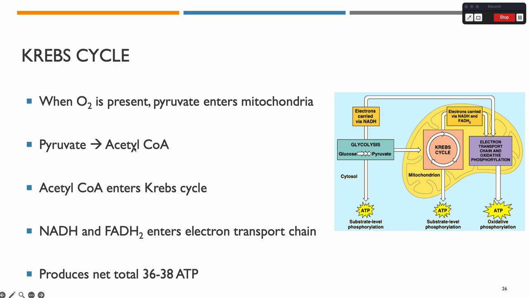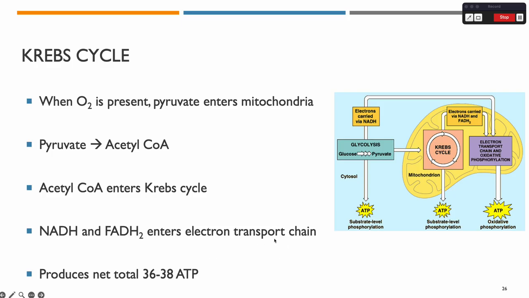The pyruvate to acetyl-CoA transformation is one way, meaning that this is an irreversible step. Once pyruvate is converted to acetyl-CoA, it never goes back. This is a committed step: once it hits there, it will go through the Krebs cycle, or the aerobic cycle.